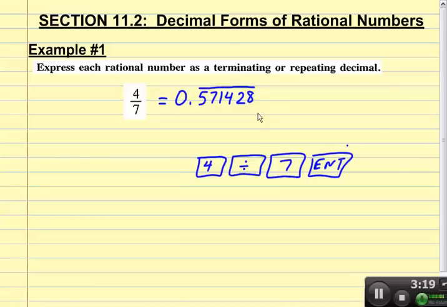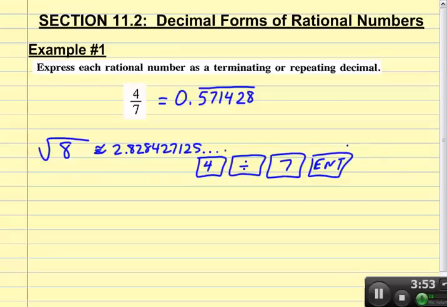Now, just a little piece of information that you need to know right now, because we're going to be talking about this later when we're dealing with radicals or square roots. If I take the square root of a whole number, like 8, and I do not get a whole number when I type it into my calculator, the square root of 8 is approximately 2.828427125.